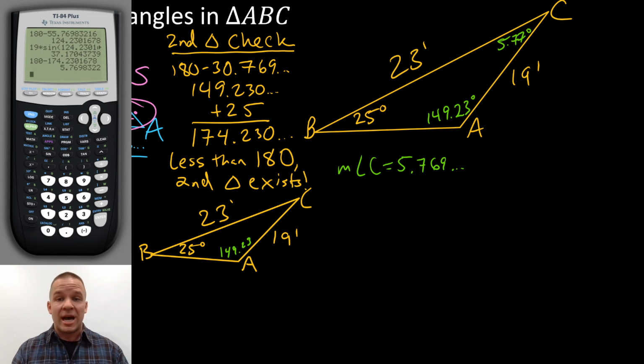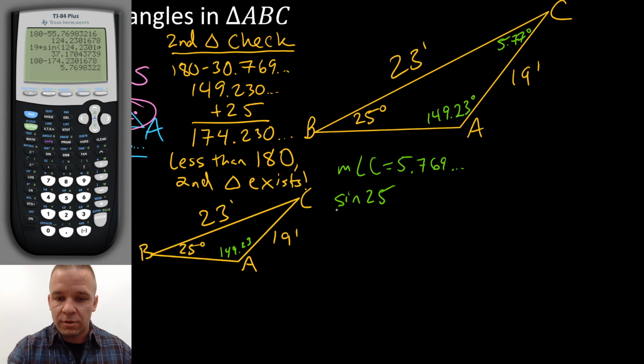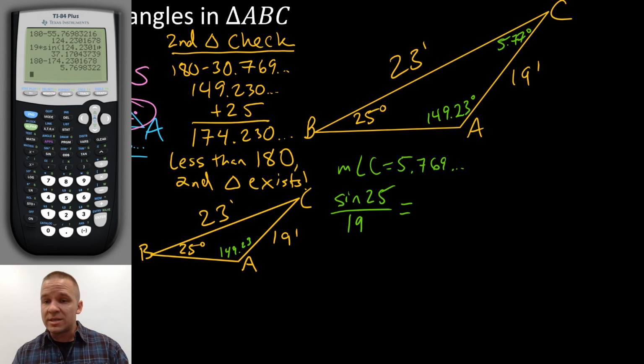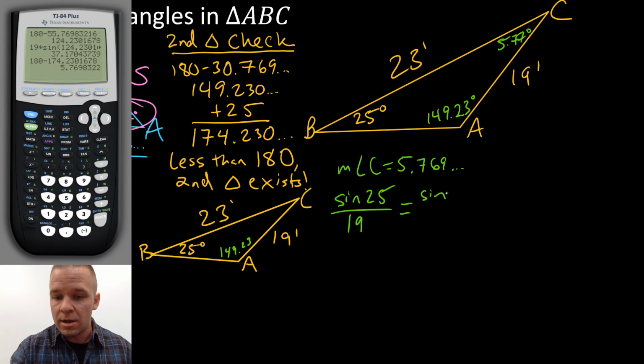Now I just got to get my side C, right? Well, we're going to use the same kind of setup we did for the other one. I'm going to have the sine of 25 degrees over 19 equals, but this time I'm using 5.769 for my angle. So sine of 5.769 and change divided by what I don't know for side C right there.